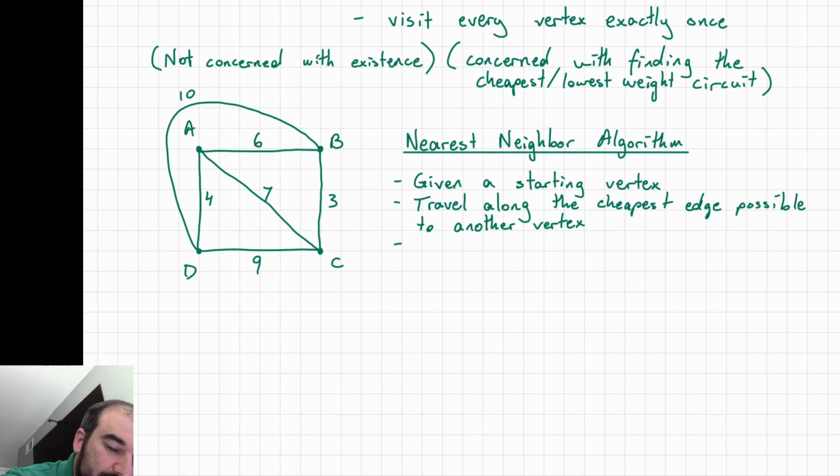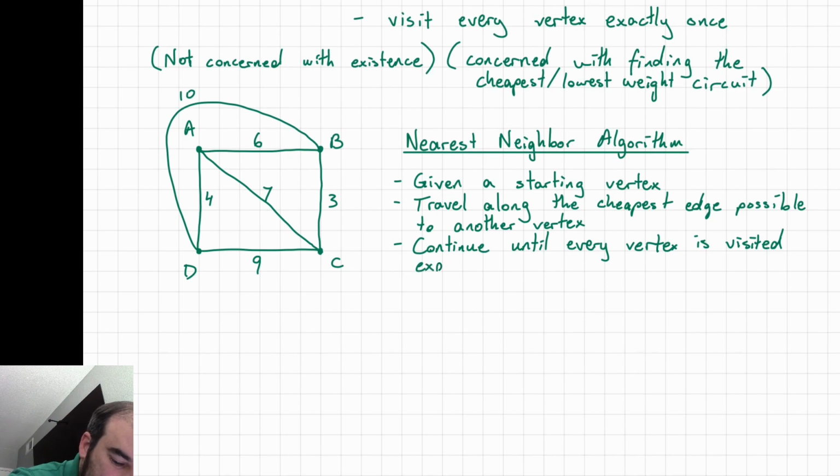And then the last step of the nearest neighbor algorithm is to continue until every vertex is visited exactly once, and return home.